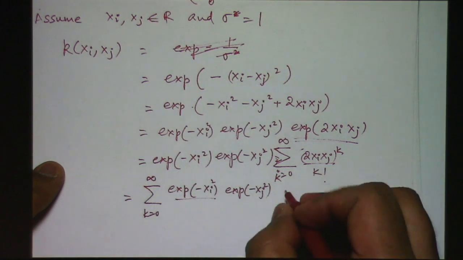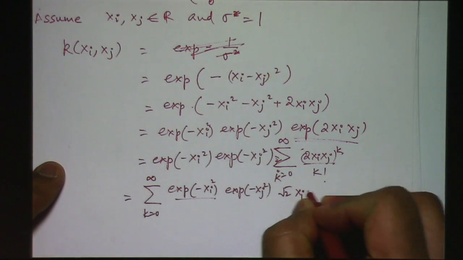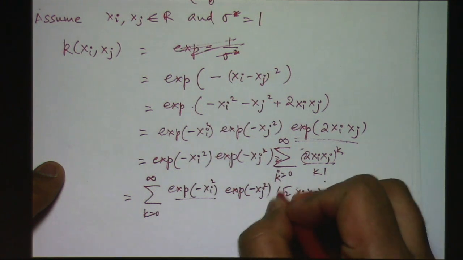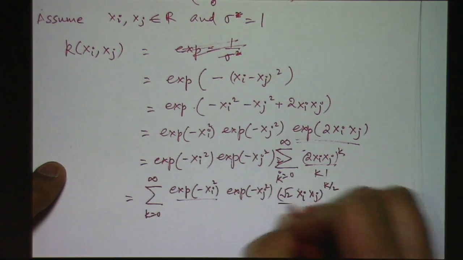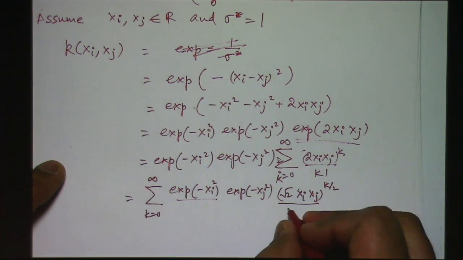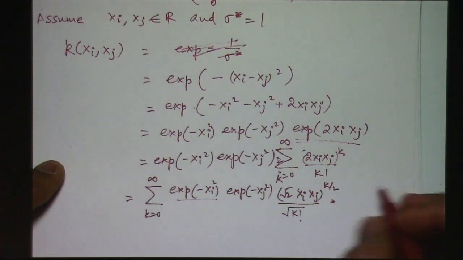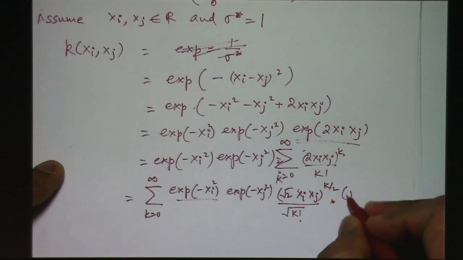One is going to be root of 2 xi xj to the power k by 2, and then the same thing again, times root. So basically I'm splitting this to the power k into two products.